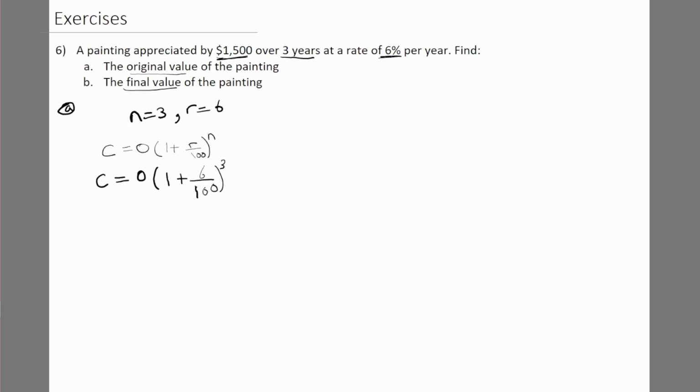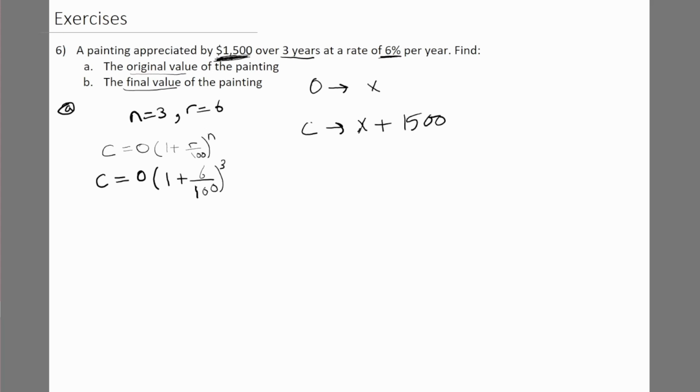Okay? Now, here's the thing. Obviously, again, you can't solve for two variables in the same equation at the same time. So you need to figure out a way to make one of them like the other. So we know that the painting appreciated by 1,500. So I need to use this information. If the original price was X, then the current price will be X plus 1,500.